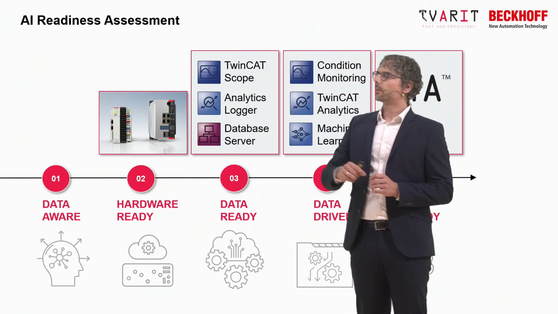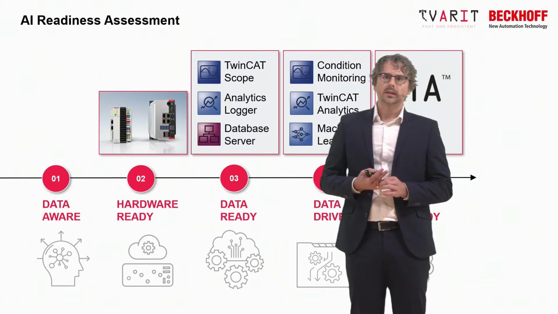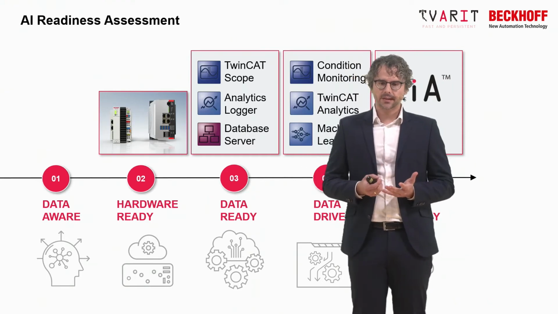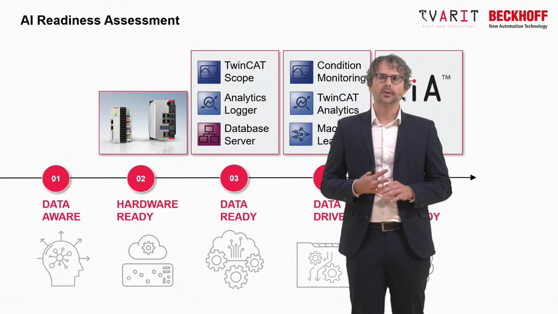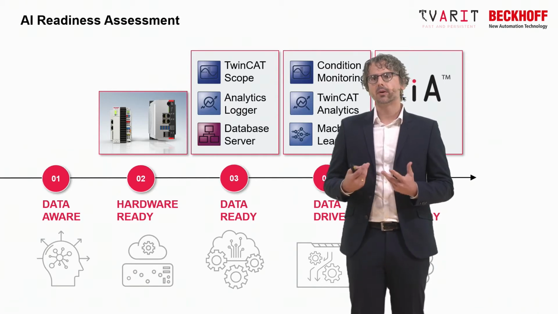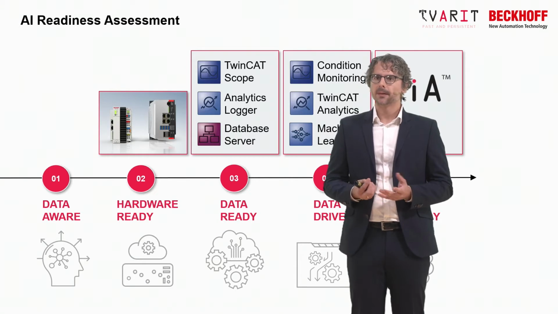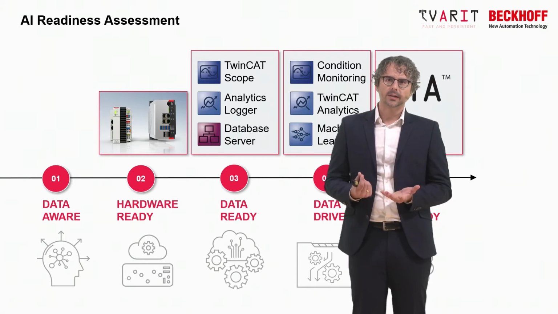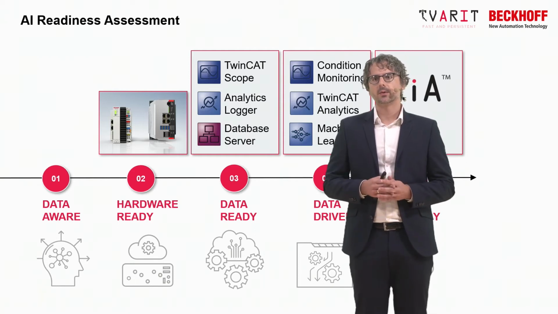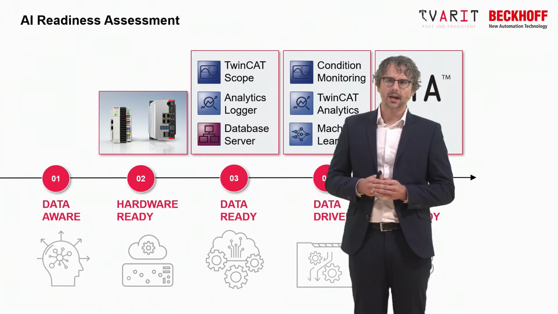Analytics Logger, a quite new product, is able to realize something like a flight recorder of your PLC. It's meant to be the most performant data logger that we have right now. So you instantiate your Analytics Logger, you select by just clicking in the engineering system which variables you want to have logged.